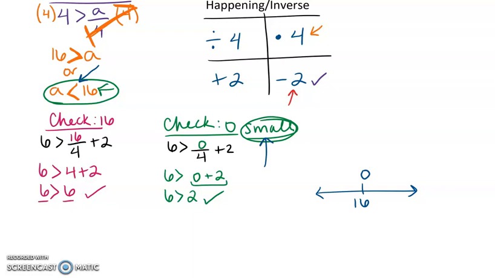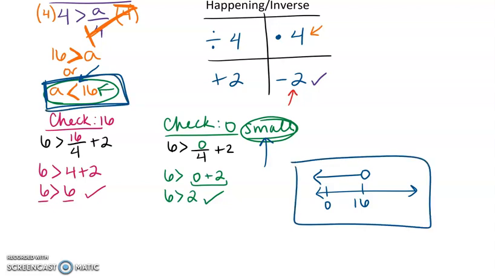So I need to shade my number line in the direction where the numbers are going to be smaller. And so that's going to be to the left, which in reality is why a lot of people prefer that you draw in that 0 to help you remember which way the numbers are smaller and which way they're bigger. Completely your choice. But so we have that a is less than 16, and then we have the graph that signifies that.